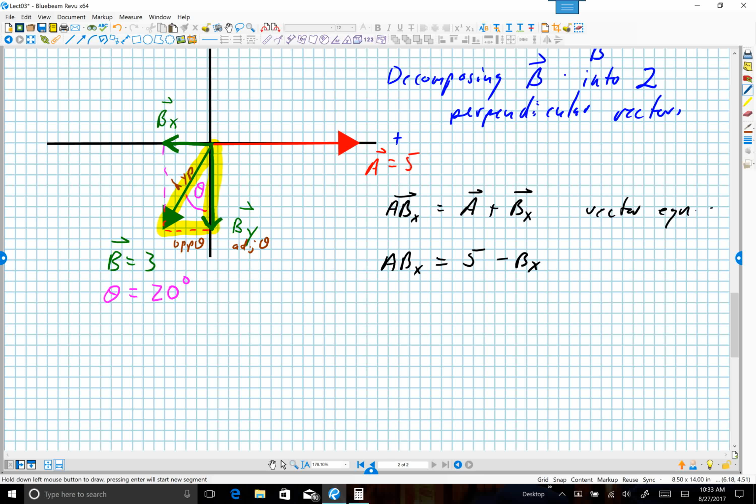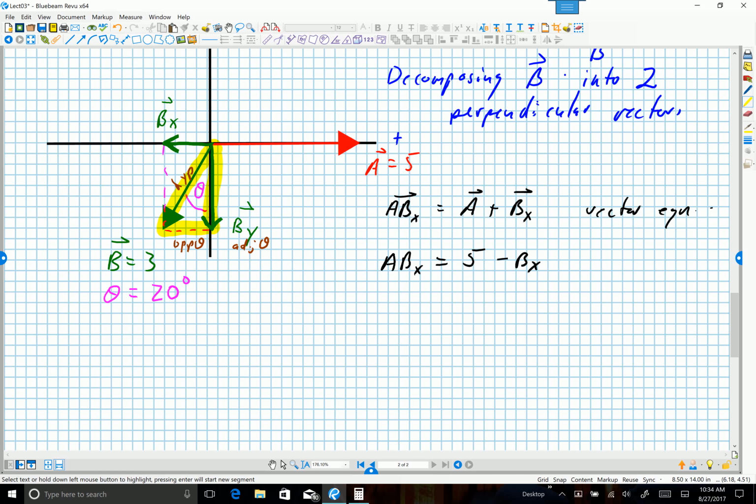Now notice I've got two names for every line. Every vector has two names. by is also now being called adjacent to theta. The hypotenuse also is b, vector b. And the opposite theta is really the same as bx because this is a rectangle, and the opposite sides of rectangles are the same length. So these two are the same length. So bx is really the same as opposite theta.